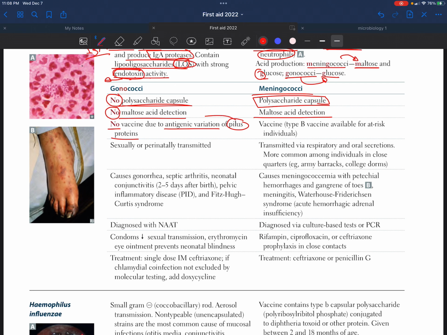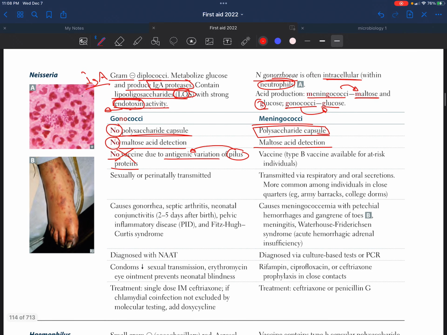So these pili have antigenic variations preventing us from creating these vaccines. And the Neisseria meningococci do have vaccines for all subtypes, and there is this type B vaccine that is only given to at-risk patients, not all patients.